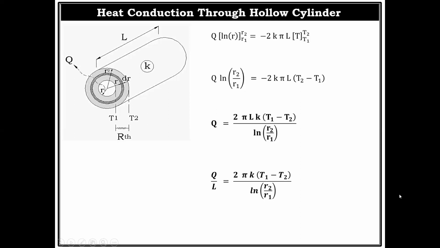If there is a second cylinder, suppose having radius r3, we will write here ln of r3 upon r2, like that. So higher upon lower. So this is the heat transfer rate, and this is the heat transfer rate per unit length.